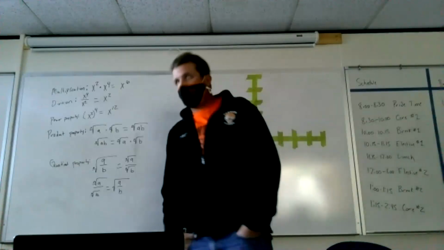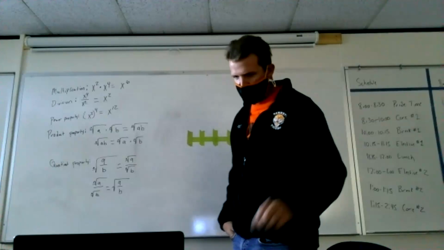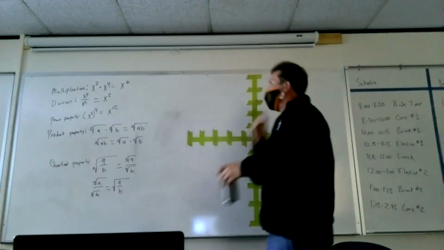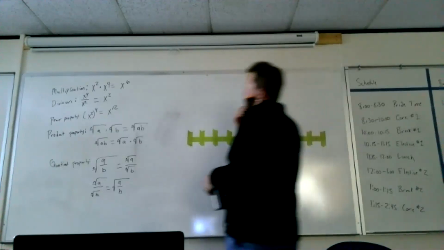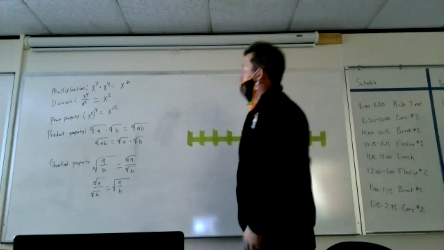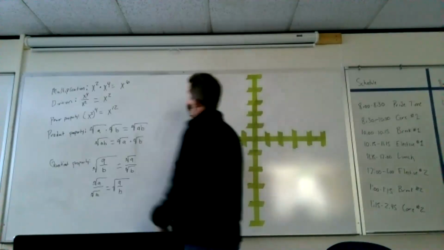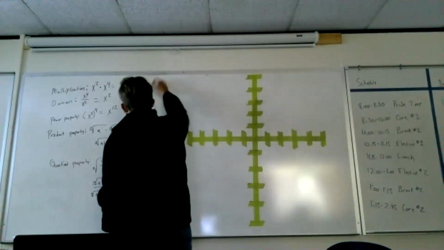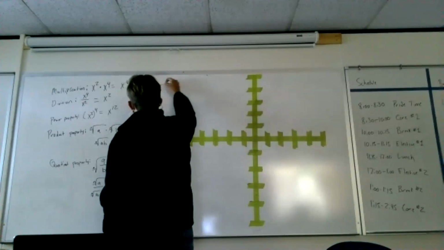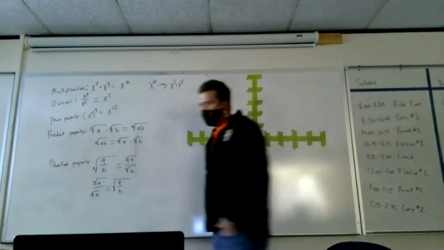A luxury is we have the substitution property of equality that we covered in Algebra 2, which states as long as they are equal, anything can be substituted in. So in this situation, knowing that x squared times x to the 4th is equivalent to x to the 6th, in an equation, if we're given x to the 6th, we would be able to plug in x squared times x to the 4th to be able to simplify.